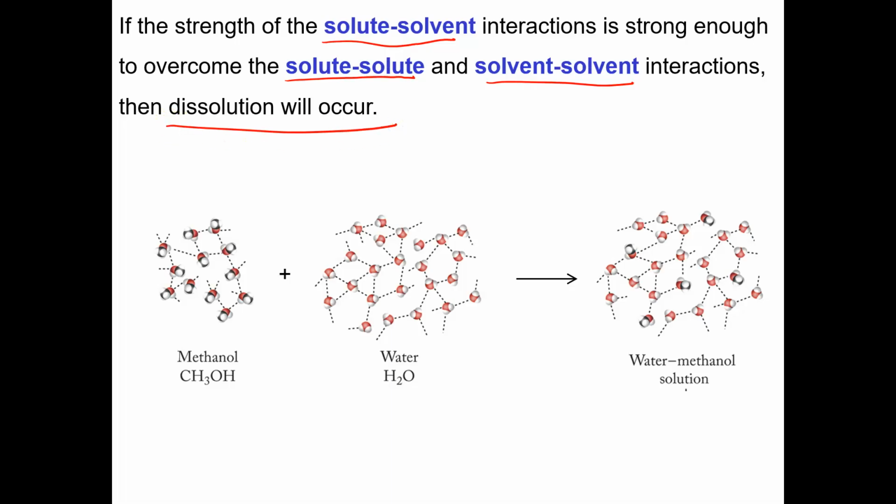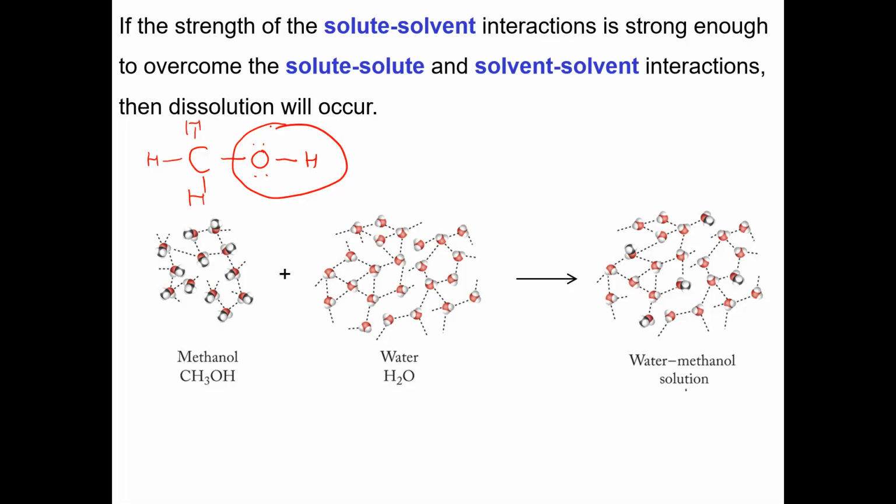So let's think about what happens when we dissolve methanol in water. So methanol has this Lewis structure. And we can see that due to the presence of the hydrogen bound to the oxygen, methanol can hydrogen bond. Now, water, of course, can also hydrogen bond.